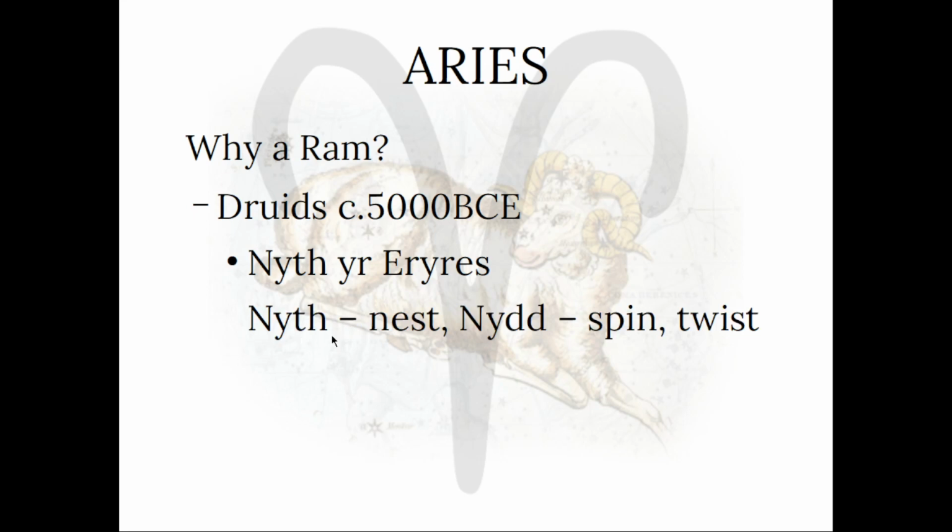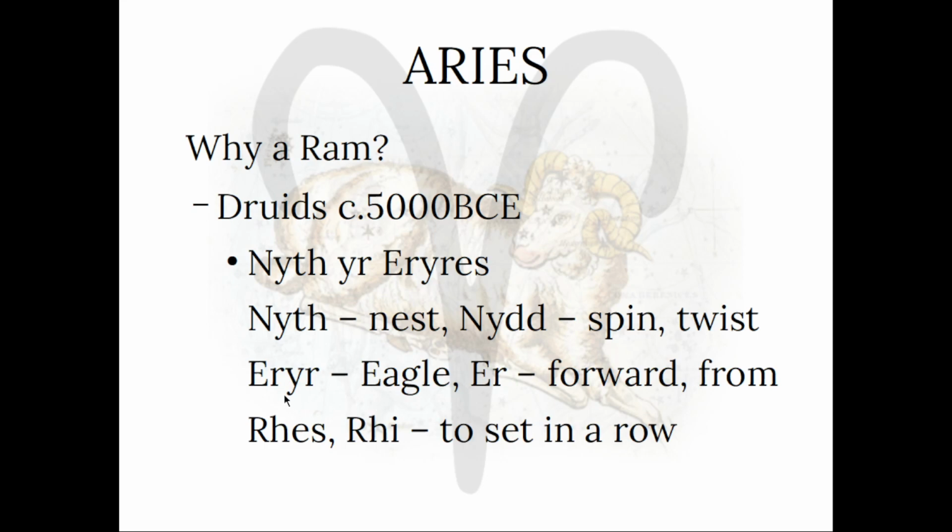Well, Nith is nest, and Nith is a spin or a twist, which would represent the sun moving around the 12 constellations of the zodiac. And an Erir is an eagle. Also means forward from, so now we have a sense of moving forward from a point, and we've already seen when we looked at the Greek Aries that res or re is to set in a row.